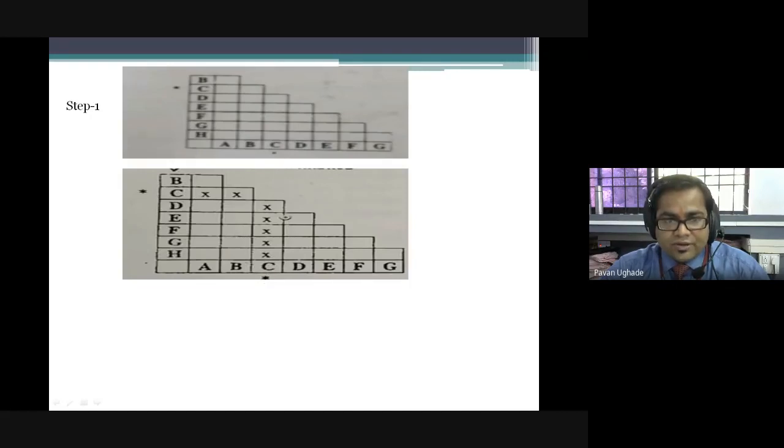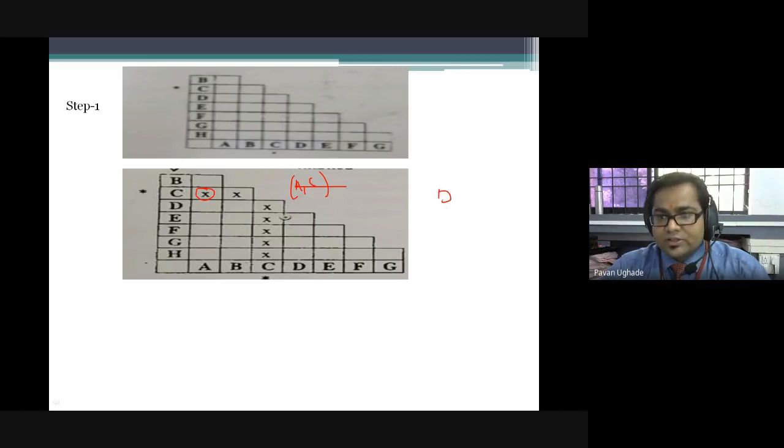Now please try to understand, what is this cell for? Can I write here A comma C? It is the cell A comma C, right? Now A is what? Non-final. C is what? Final. So if they are distinguishable states, guys, try to understand. If the cell makes a distinguishable pair, simply cross it.